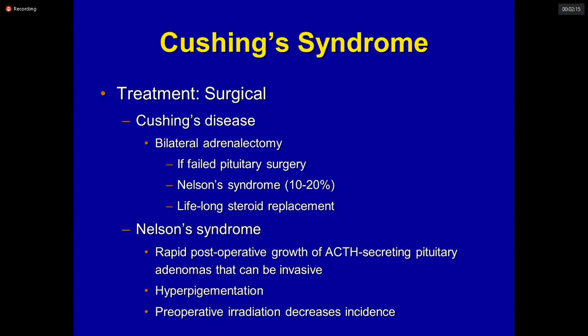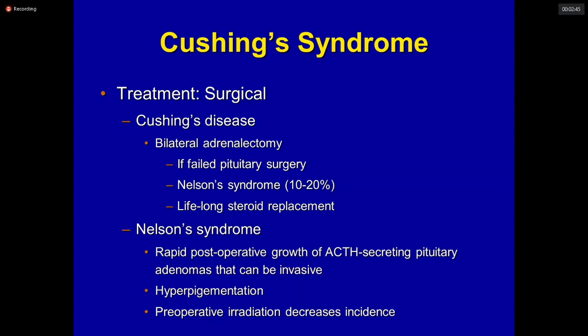And there will be a syndrome called Nelson syndrome at some times, which is a rapid post-operative growth of ACTH secreting adenoma, which can be invasive, because with the adrenal cortex gone, the negative feedback inhibition is lost, so sometimes there is an adverse effect of bilateral adrenalectomy, which increases the growth of the tumor in the pituitary.